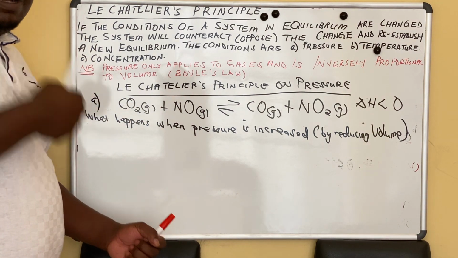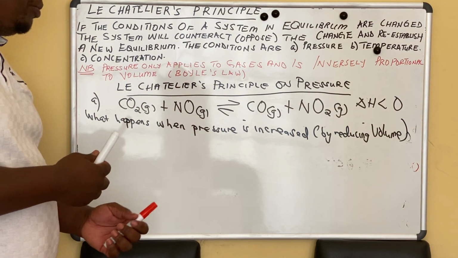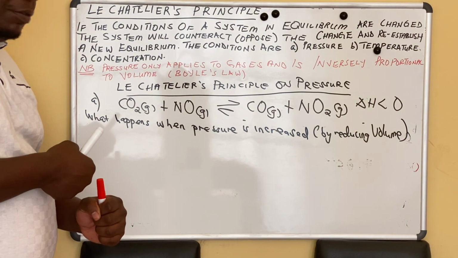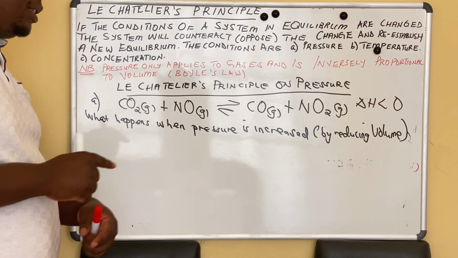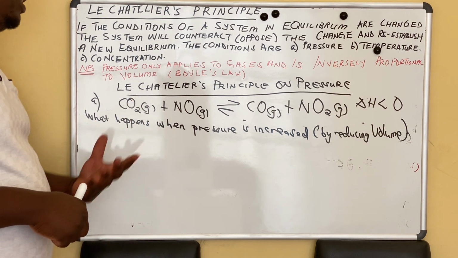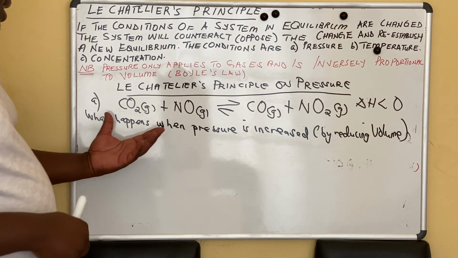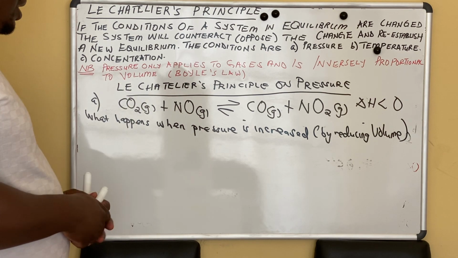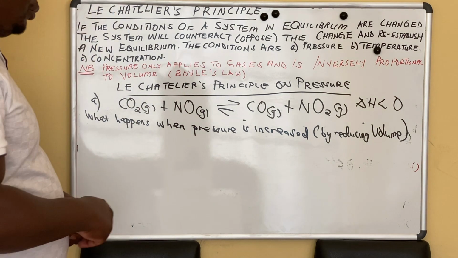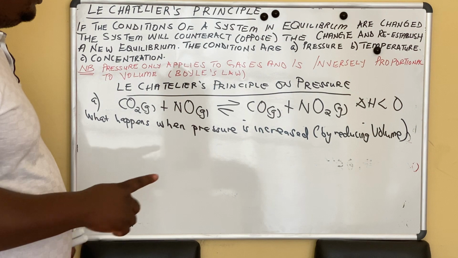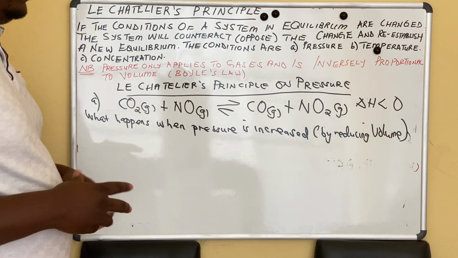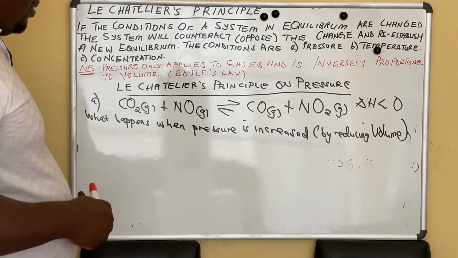It's like when you want to pump air into your bicycle. You reduce the volume. When you reduce the volume, you are increasing the pressure in the pump. That is how the air is forced out. So here, what happens when we increase the pressure? The first important thing that you need to do is to balance your equation, or to check if your equation is already balanced.